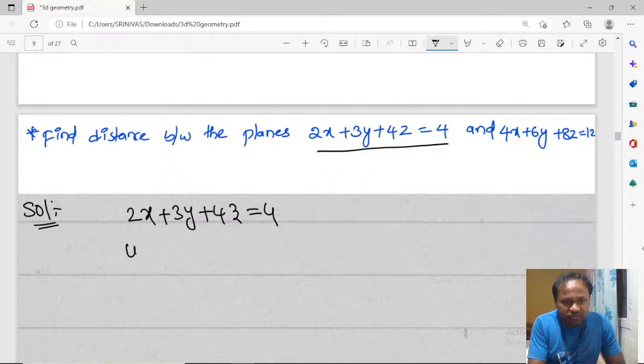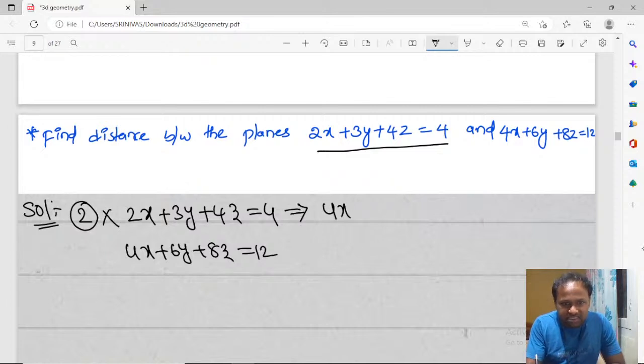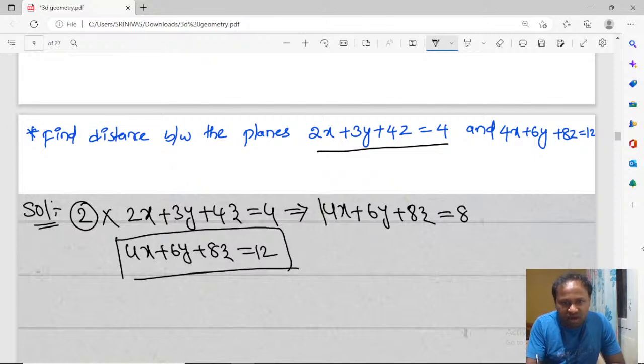Next, 4x plus 6y plus 8z is equal to 12. For the first one, I will multiply by 2. What we get? 2 2s are 4x plus 6y plus 8z is equal to 8. Compare these two. These two are parallel.